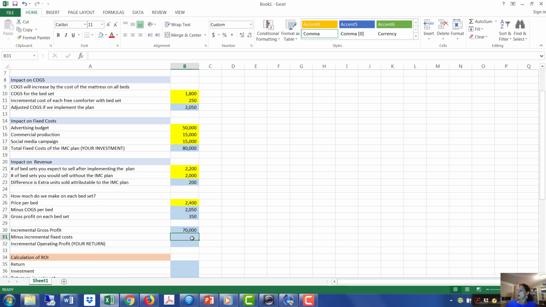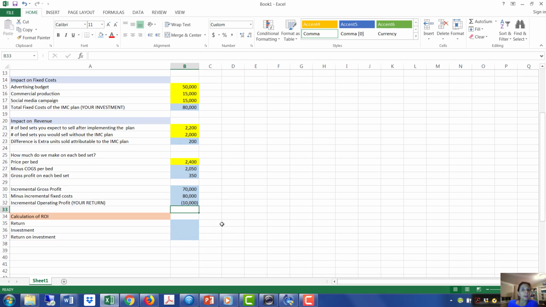Our incremental fixed costs are $80,000. That's our IMC plan. So our incremental operating profit is our incremental gross profit minus our incremental fixed costs, and that equals a negative $10,000. We're going to follow this through, and then we're going to make some changes to see if we can't fix the plan.